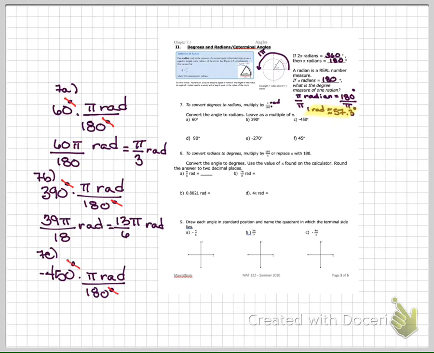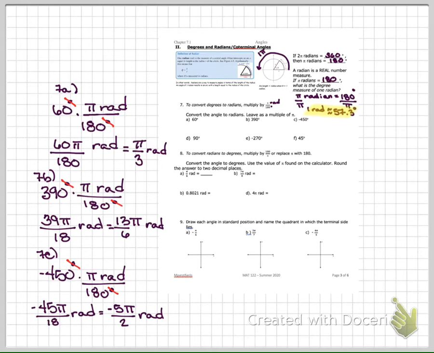We are canceling the degrees. And that gives us, again, a negative 45 pi over 18 radians. 9 goes into both 45 and 18. I get negative 5 pi over 2 radians.